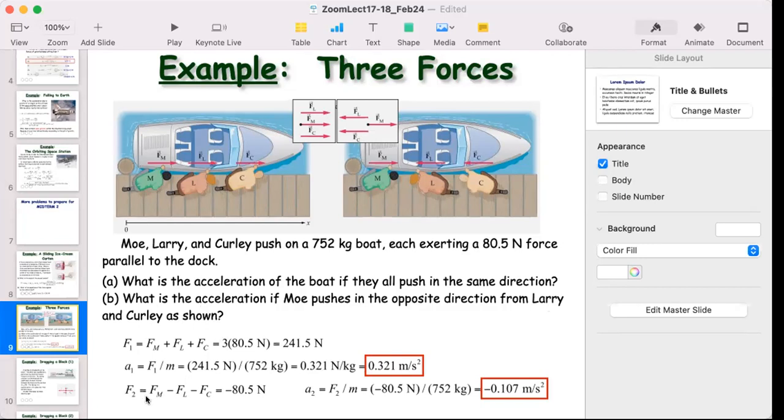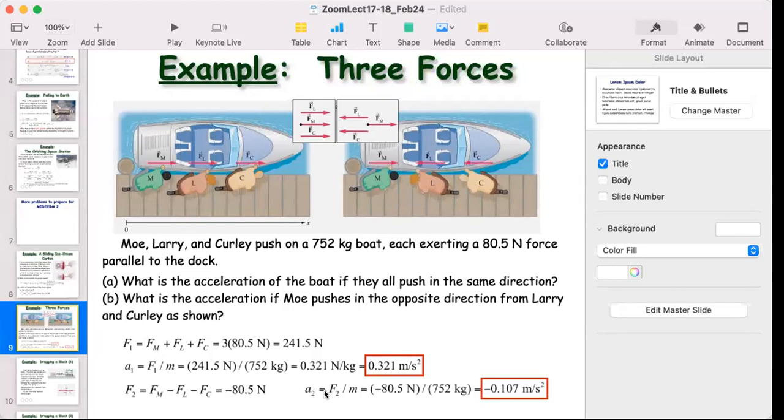So what we have is F2: Mo's part is still positive because it's going in the plus X direction, but this time Larry and Curly are pushing in the opposite direction, so minus FL minus FC. Okay, so if we do the calculation, 80.5 and 80.5 go away, so we just have minus 80.5 Newtons. This is our force in the second part of the problem.